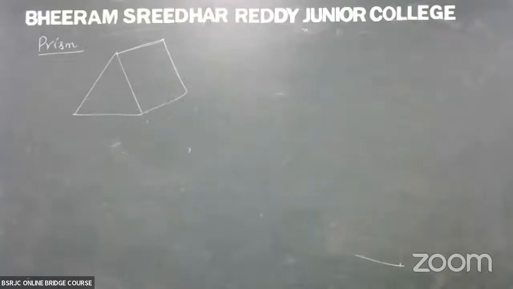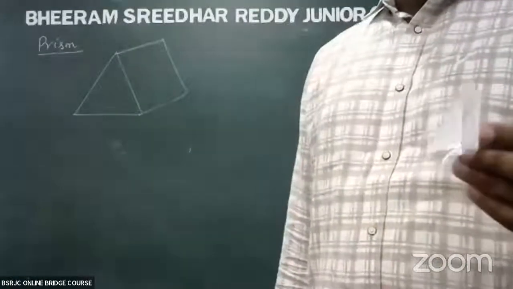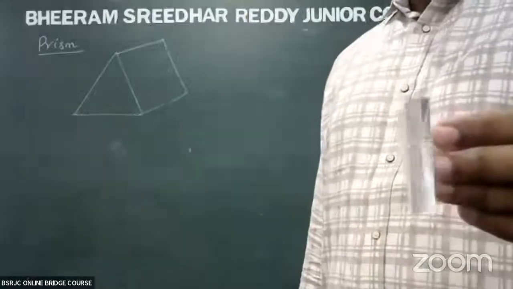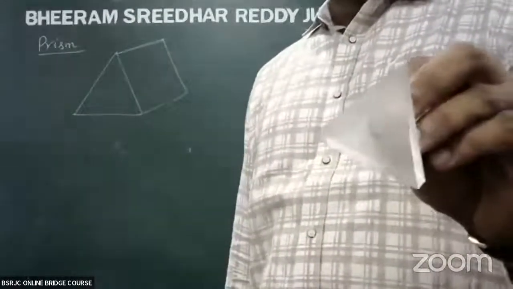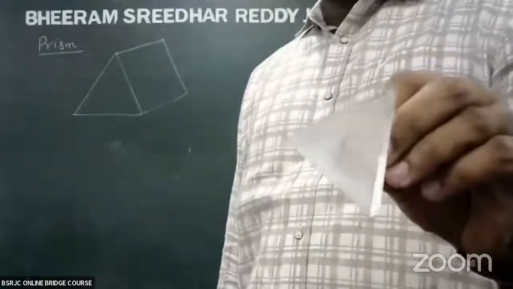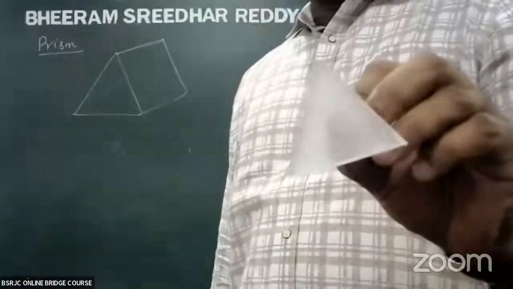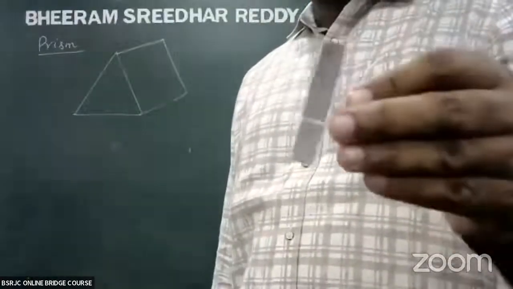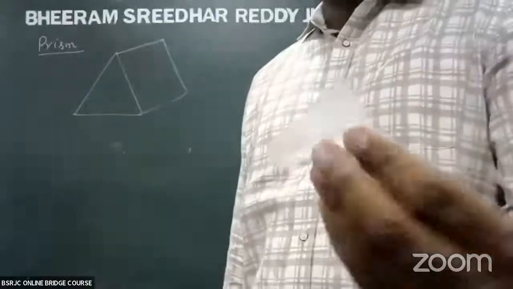So I have some objects in this room. I don't know if you are able to see this or not. See once. This is an equilateral prism. You can call this one a prism also. Okay, you can use this one as a prism.